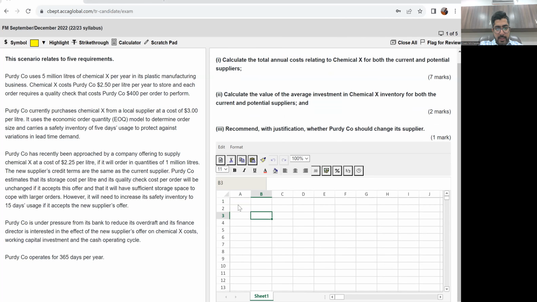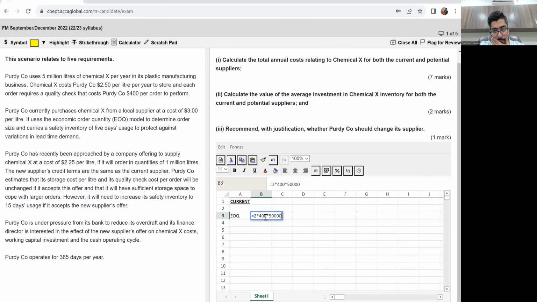Okay, so let's start with current. Currently, the company is following the EOQ model. It's clearly mentioned in the question that currently the company uses the EOQ model. So let's find EOQ for the company. EOQ is the square root of 2 C naught D divided by CH. C naught is the ordering cost per order, that's 400. D is the annual demand, 5 million.